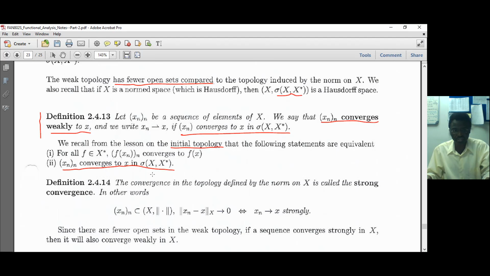So this is the definition. In other words, what does that mean? To write this convergence, because that's what we say here, is equivalent to this, because we say the two statements are equivalent.